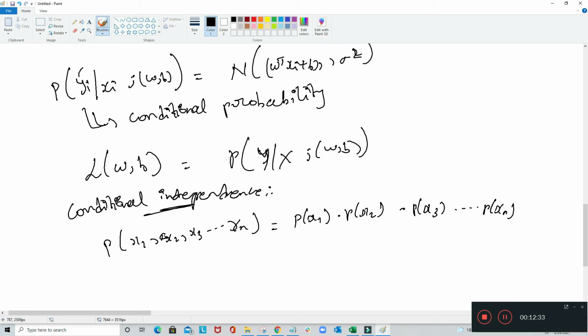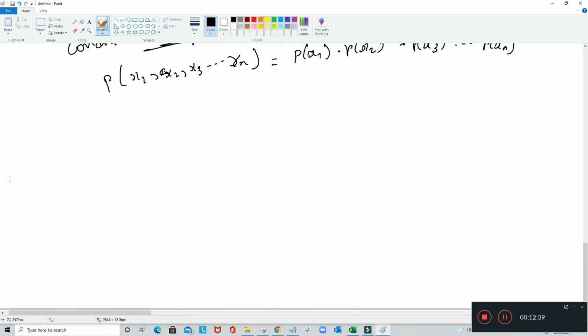Thus, using this property for the likelihood equation, we can rewrite it as equals to product of the individual probabilities. So product from i equals to 1 to n of yi when xi is given for the parameters w and b.